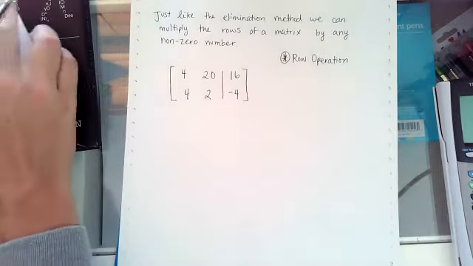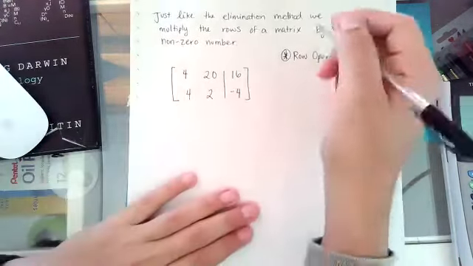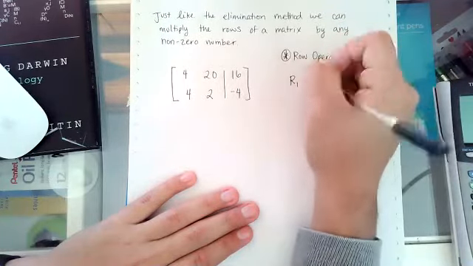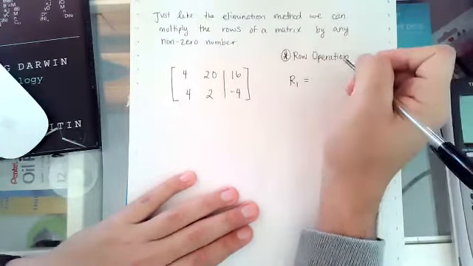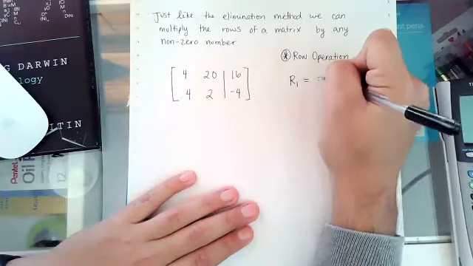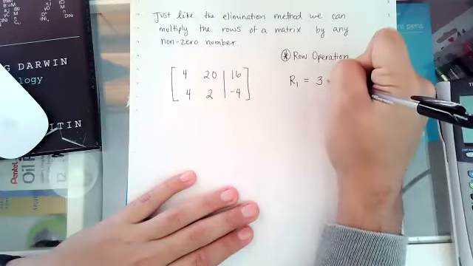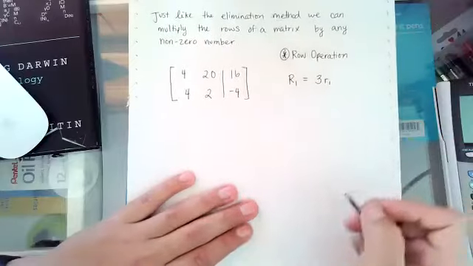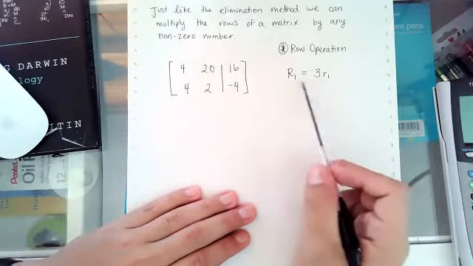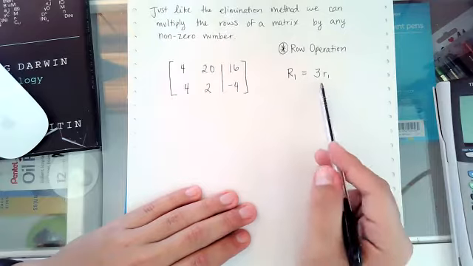So if I gave you the row operation, for instance, let's say row 1 is equal to, for no reason at all, 3 times row 1. This is like the set of instructions that you might receive in your homework.